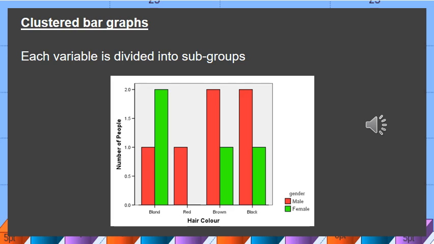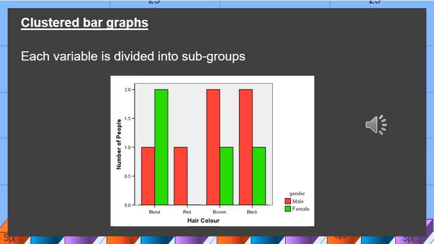Clustered bar graphs are very interesting, and you will see them again at the very end of the semester. But for now, let's say that they're interesting because they can show the correlation between variables. So each variable can be divided into some subgroups. For example, here I have two variables illustrated in this clustered bar graph.